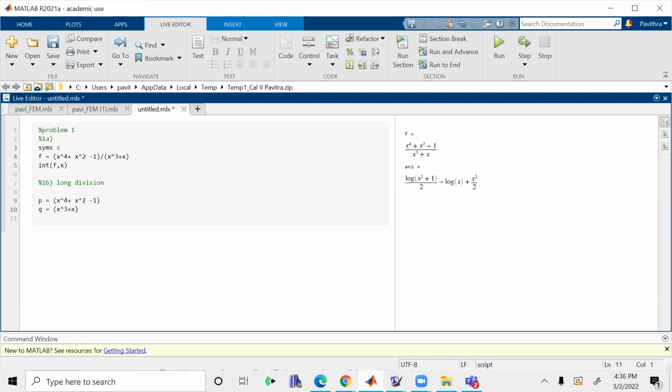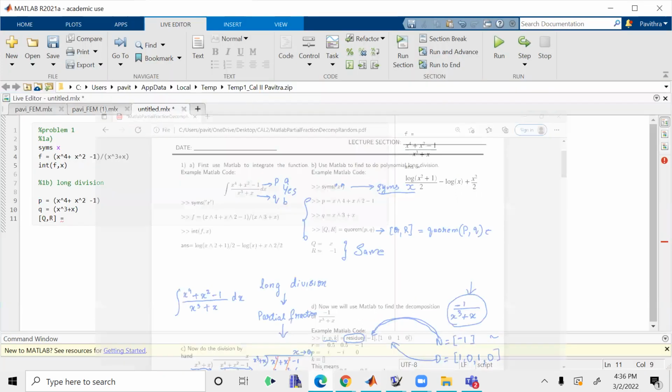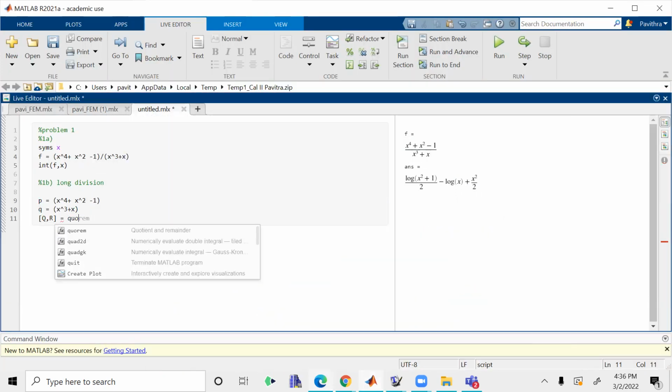Okay, what do I need? From the long division, I need the quotient and remainder. I need only these two things. Equal to, what is the function that will give me these two? I had explained it here, it is deconv, the function name. You can see that MATLAB is already specifying the function name here.